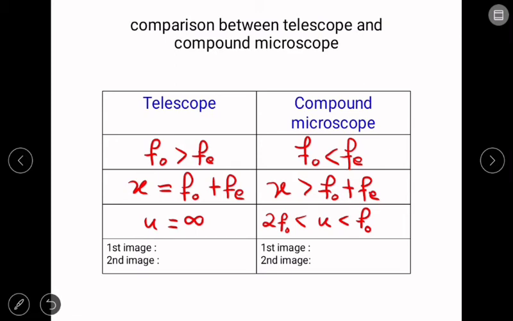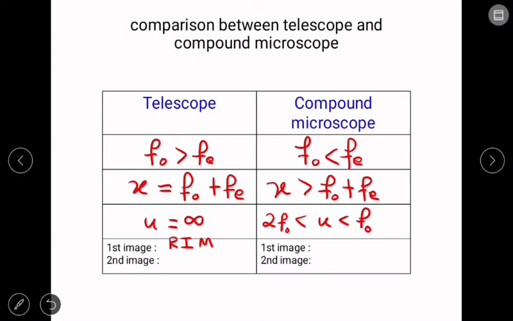And lastly, we are going to compare the image formation. For a telescope, the first image formed by our objective lens is real, inverted, and diminished.